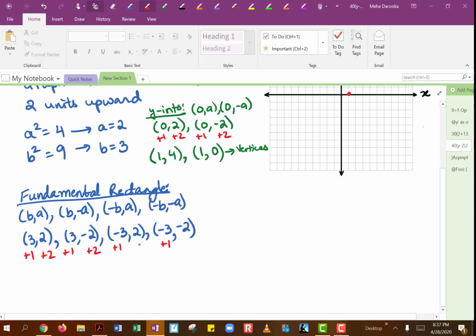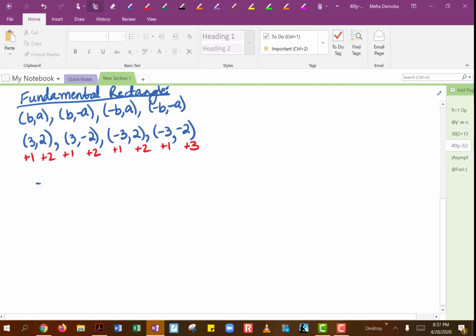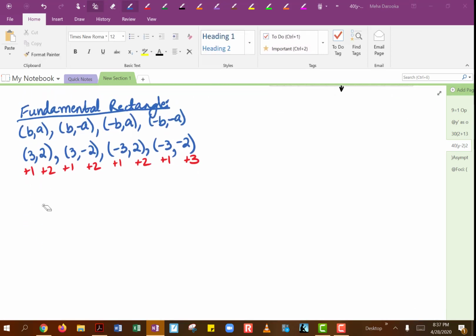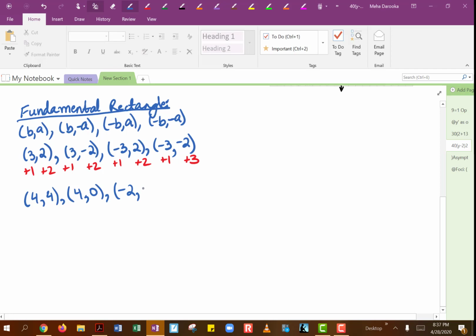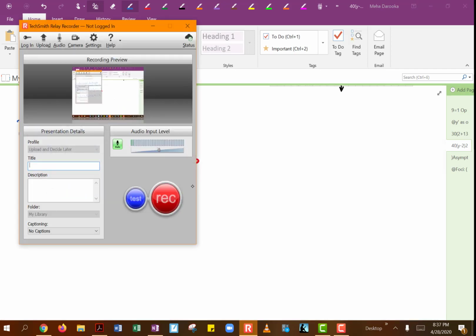So we need to make these changes, and this will give us the new vertices. 3 plus 1 is 4, 2 plus 2 is also 4, 3 plus 1 is 4, negative 2 plus 2 is 0, negative 3 plus 1 is negative 2, 2 plus 2 is 4, and then negative 3 plus 1 is negative 2, negative 2 plus 3 of course will give you 1 over here.